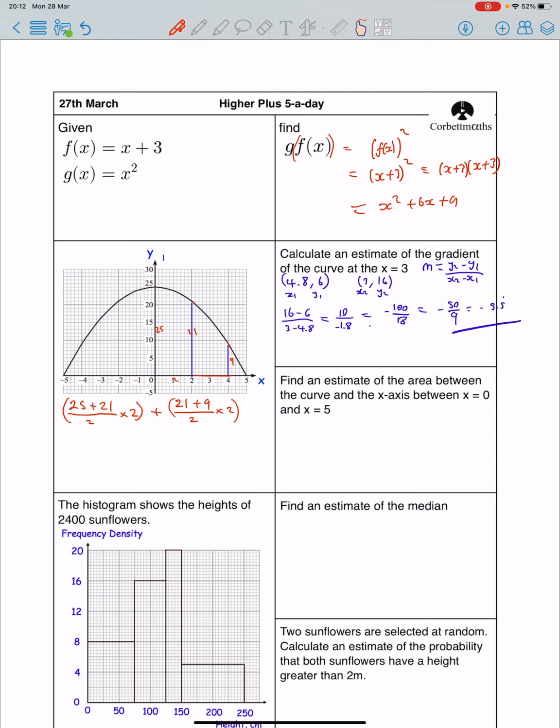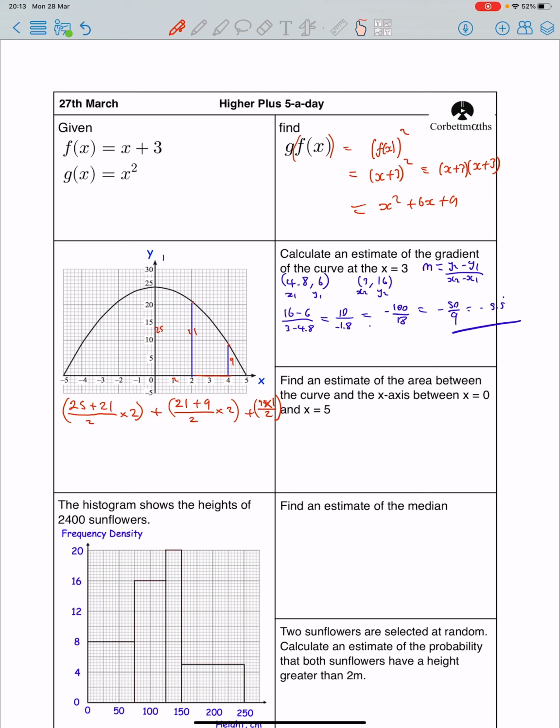And then plus, lastly, we've got a nice triangle. So it's basically just half the base times height. So that's just 9 times the base, which is 1, and then divided by 2.